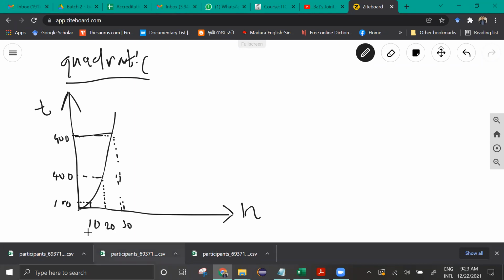Something like this. Similarly, if it has a similar shape but does not cross the 0, that's also fine.